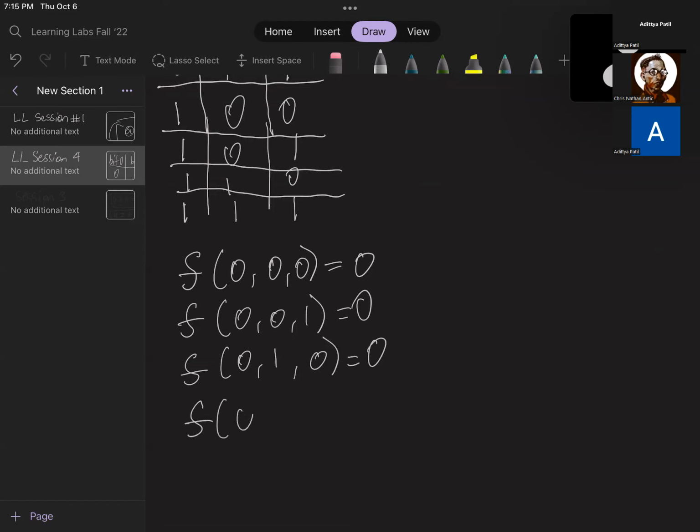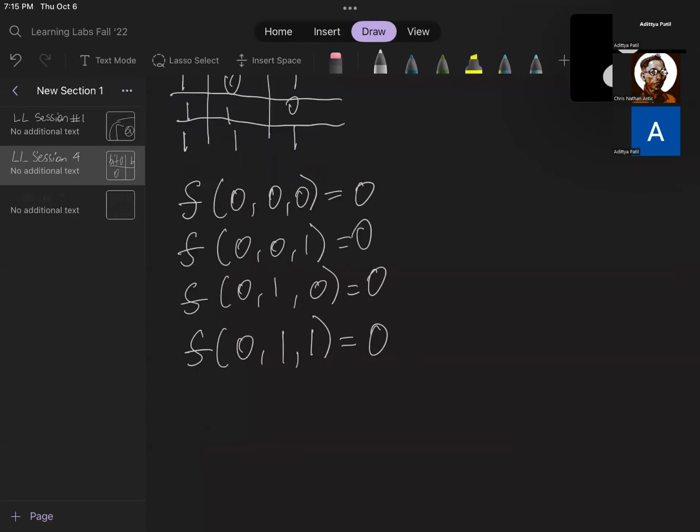F of 0, 1, 1 outputs 0. Up until this point, the function is so far constant, so it can still be either constant or balanced. But the next input that we try is a determining factor. If we have f of 1, 0, 0, and this is 0, then we say it's constant.